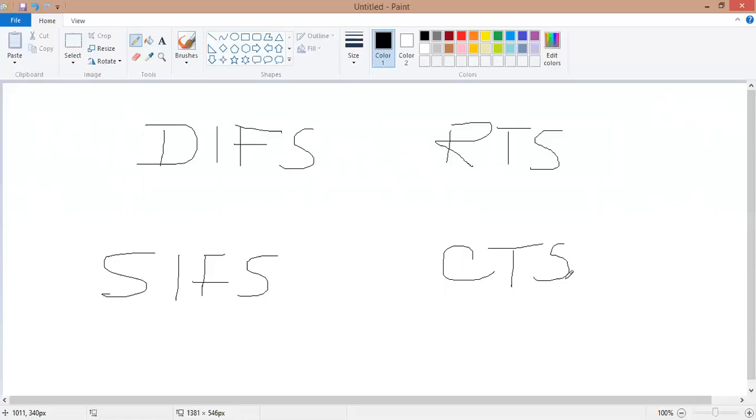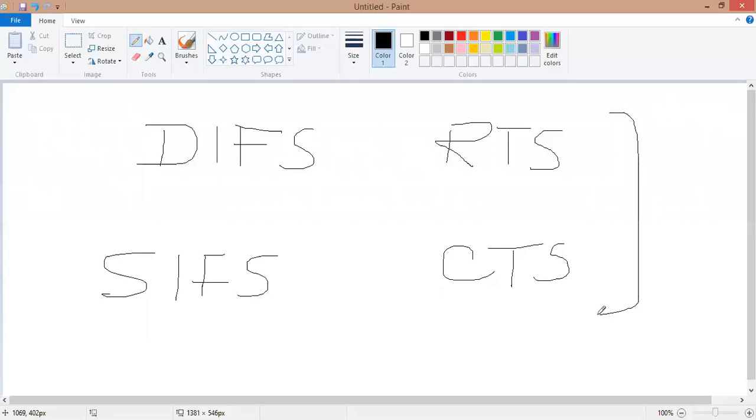After receiving this RTS and waiting for a period of time, that is SIFS, the destination station may send a control frame, that is known as our CTS. The source station sends data after waiting an amount of time equal to SIFS. So these are the most important four terms.